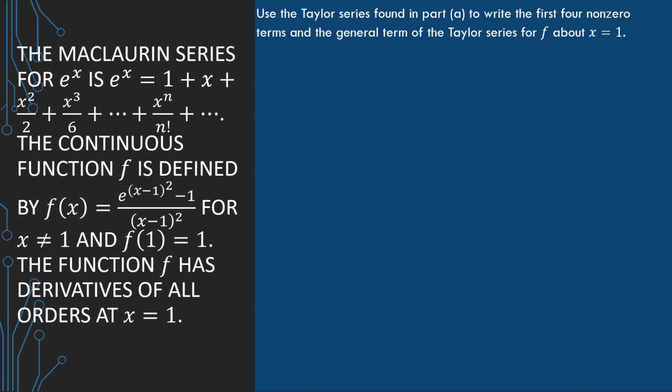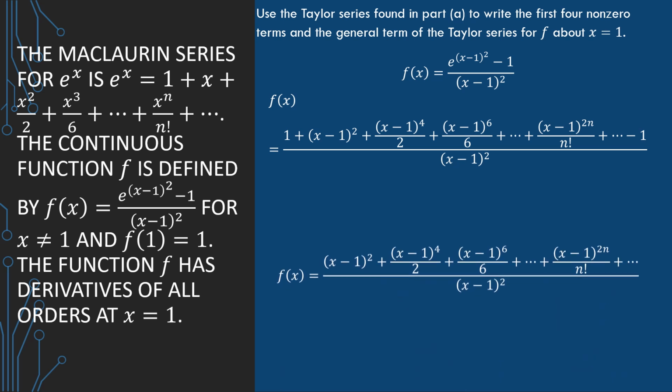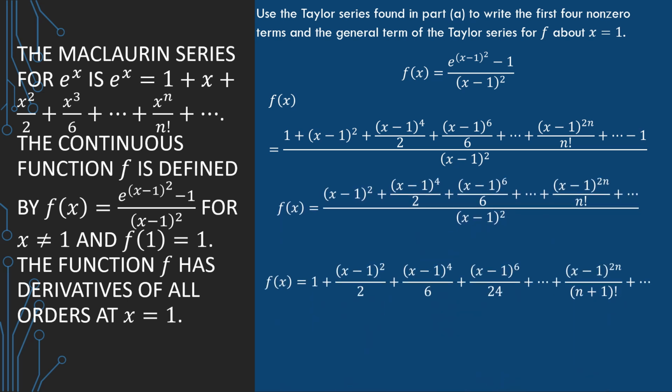All right, the next question says, take that series that you wrote out from part A and write the first 4 terms and the general term for f. So f, they told us, was this e function minus 1 over (x minus 1) squared. So I'm going to take that series from part A and subtract 1 from it, and then divide every term by (x minus 1) squared.